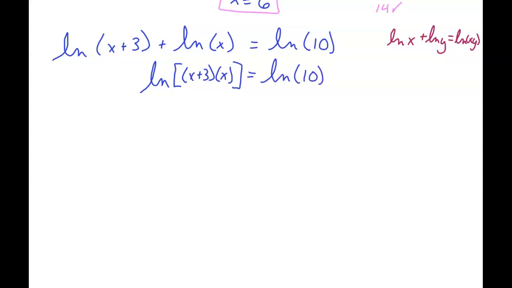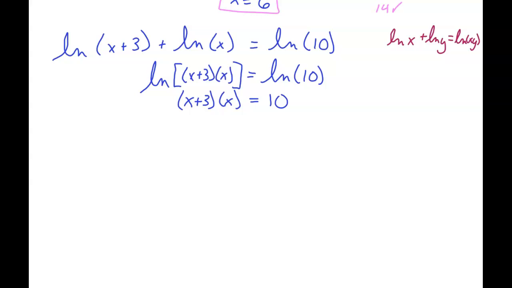And yes, you can go ahead and distribute that x. I'm going to do that in my next couple of steps. Because now I have a natural log equal to a natural log, therefore my arguments must equal each other. So this x plus 3 times my x must equal my 10.